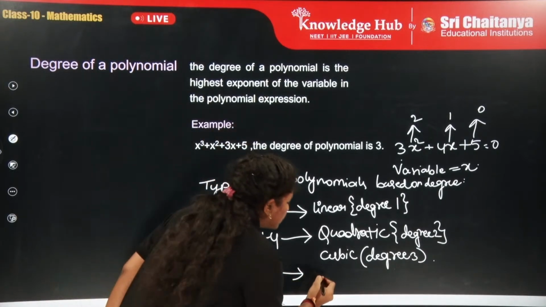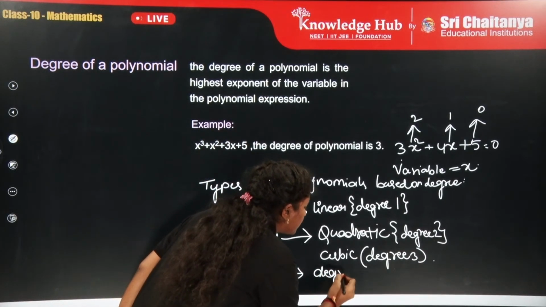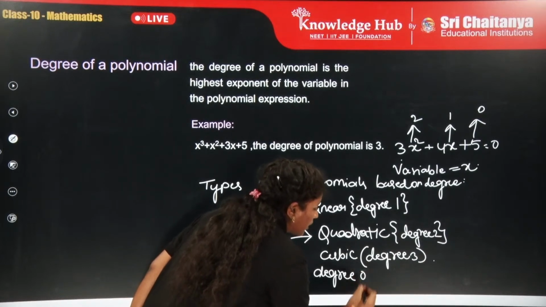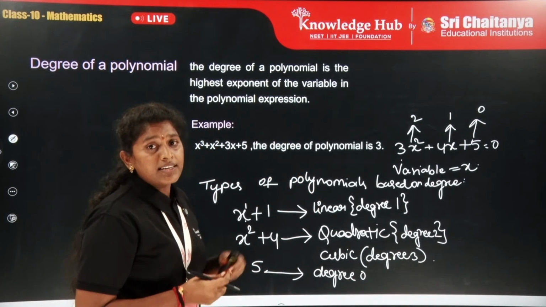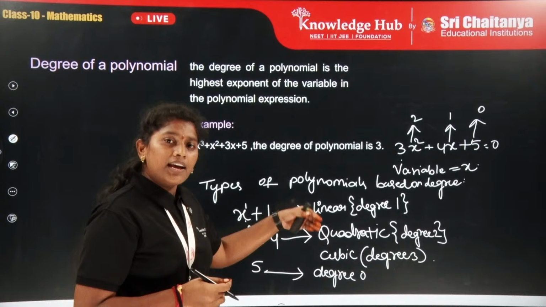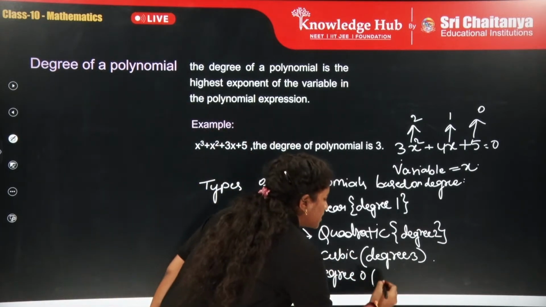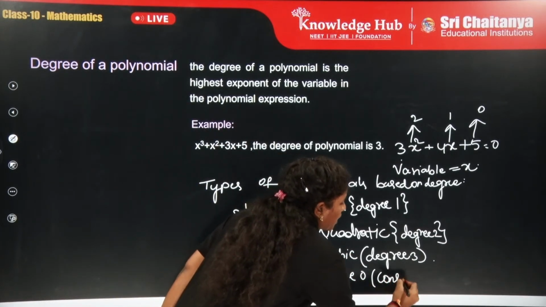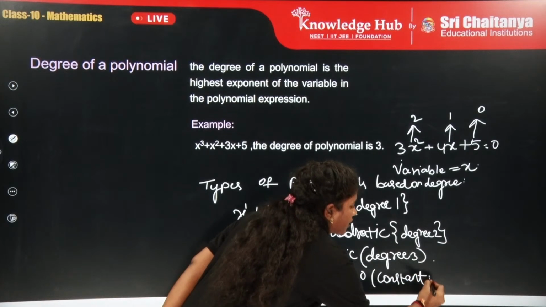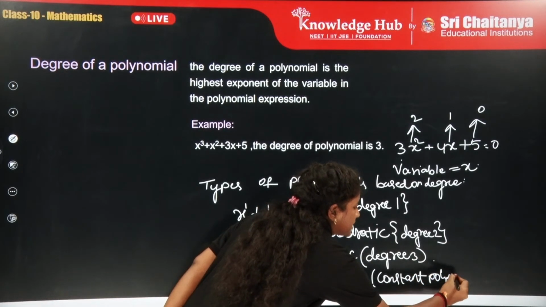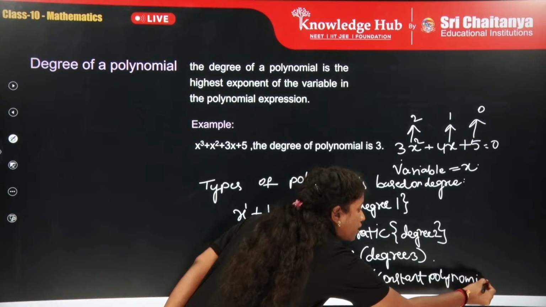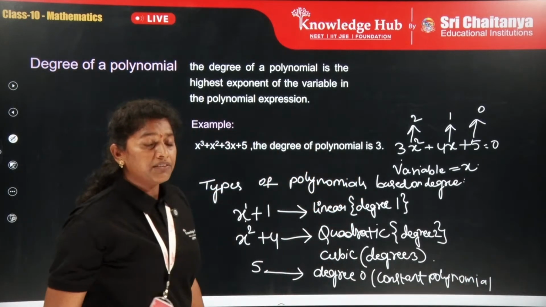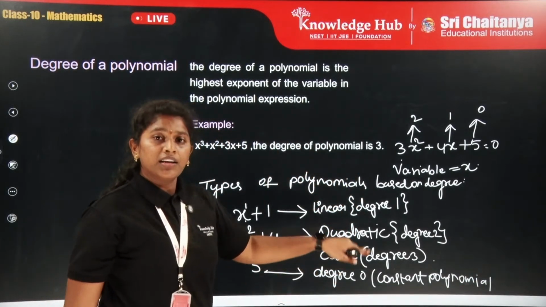So the degree of a constant polynomial will become 0. If you are having the degree as 0, then the polynomial is called the constant polynomial.